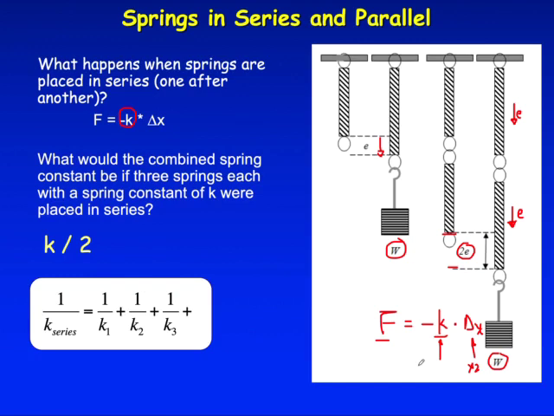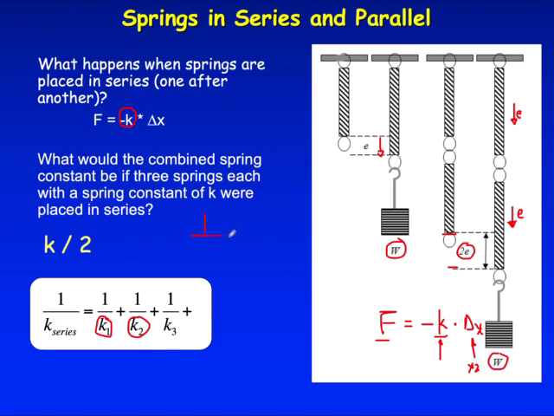Generally, the formula for springs in series is this. 1 over each of the spring constants, you add those together, and the sum of those gives you 1 over the total. So in this case, 1 over k plus 1 over k, I guess I should write it out.